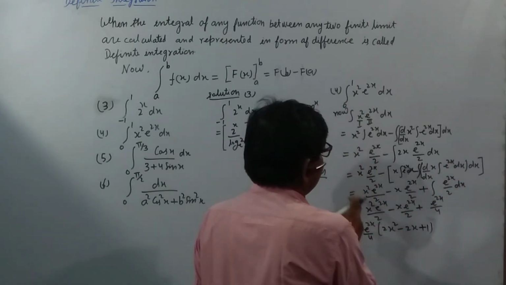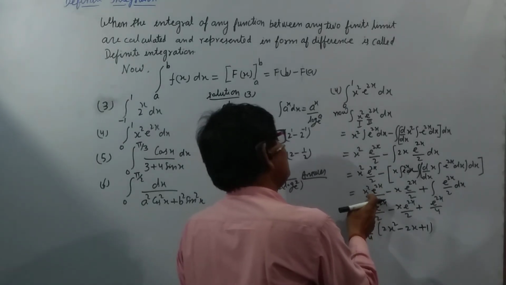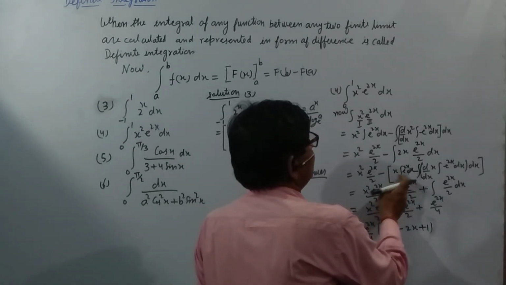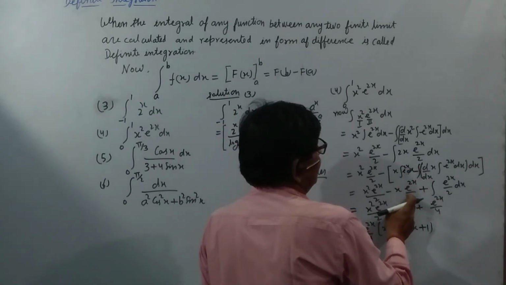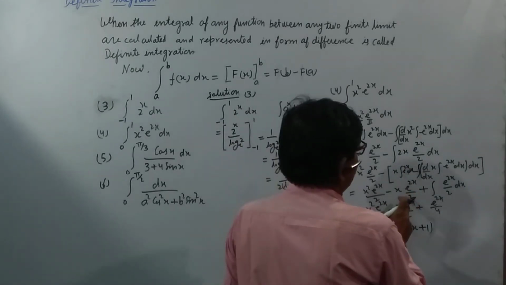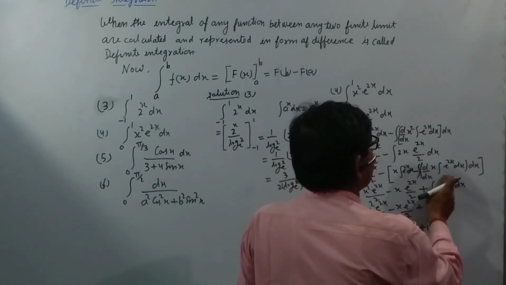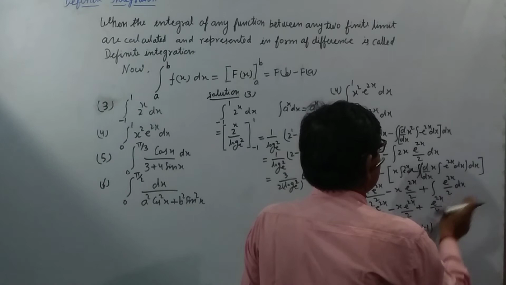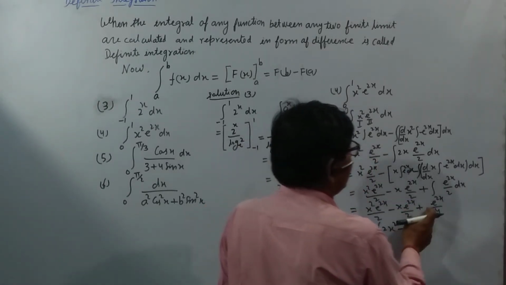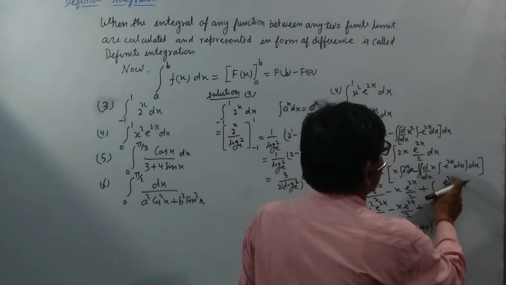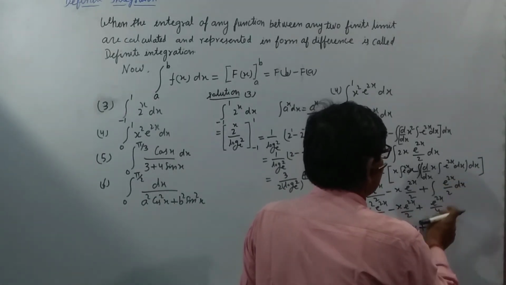Now these terms come here: x square e to the power 2x divided by 2, minus x and e to the power 2x divided by 2 here, this is a plus, and 1 integration of e to the power 2x by 2 dx. So these terms are here, and now e to the power 2x again integrated gives e to the power 2x by 2, and 2 times 2 is 4 here.